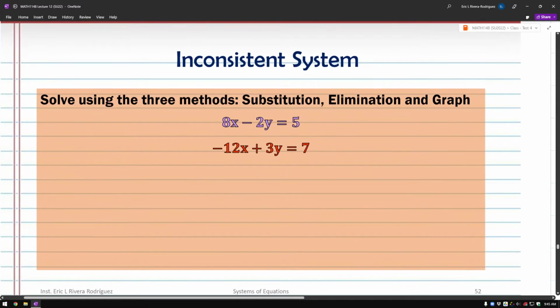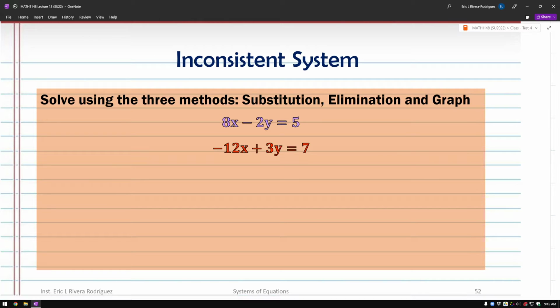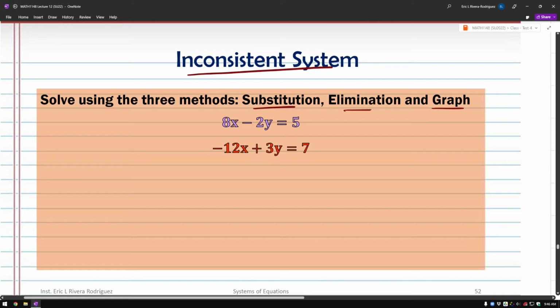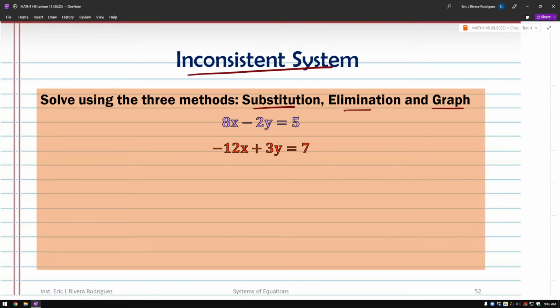Okay, so now what I want you to do is practice solving an inconsistent system. I want you to tell me how the solution of an inconsistent system looks like. I want you to use the substitution, elimination, and graph methods. Let me see how many we are here: 1, 2, 3, 4, 5, 6, 7, 8, 9. Perfect.